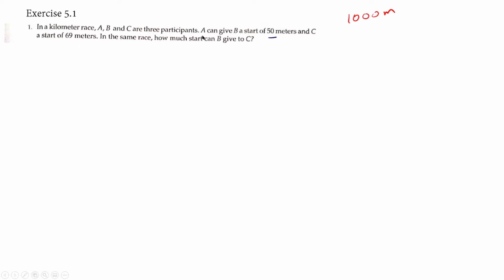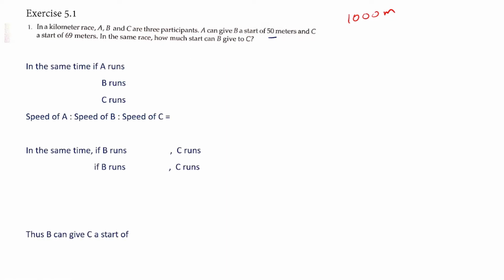So when A starts from the starting point, C has to travel only a distance of 1000 minus 69 meters, which is 931 meters. Now we need to find in the same race how much start B can give to C. So let us do this.